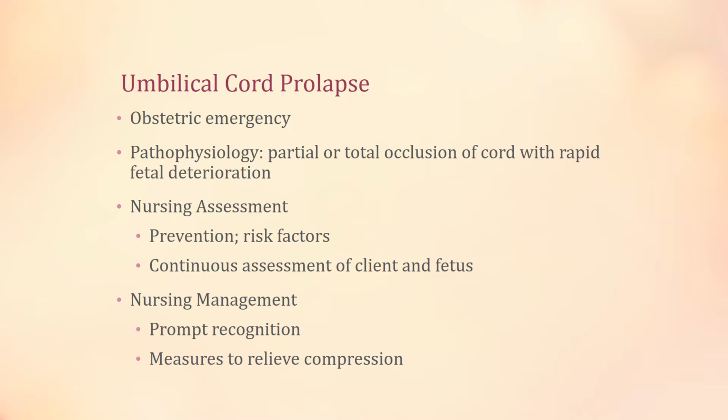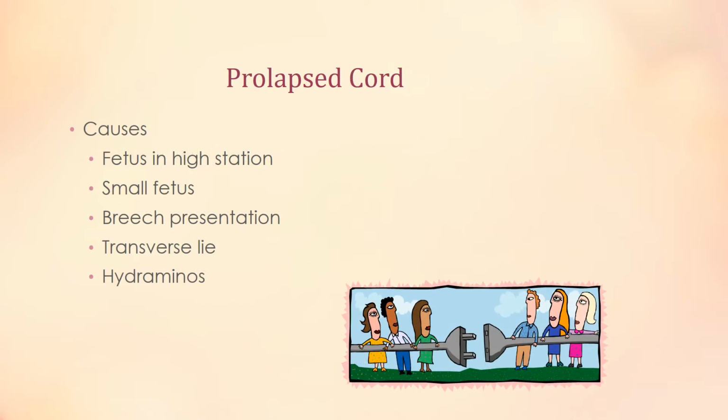We want to make sure if we're going to have to artificially rupture mom's membranes that she has an IV in place, because we do not want to be caught with a prolapsed cord having to run her to surgery to get the baby delivered with no IV. So if a physician is saying we're going to rupture her membranes, make sure you have an IV.